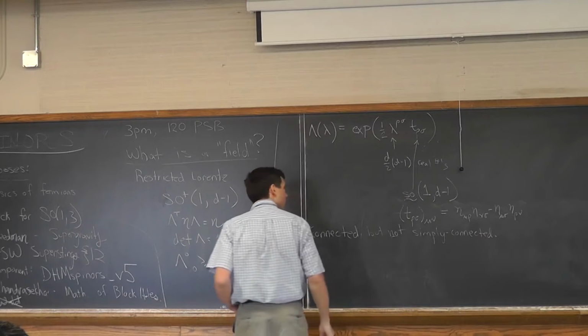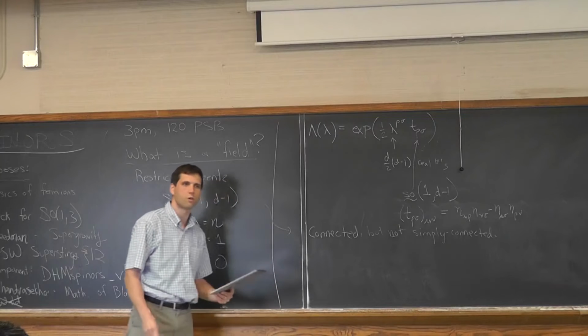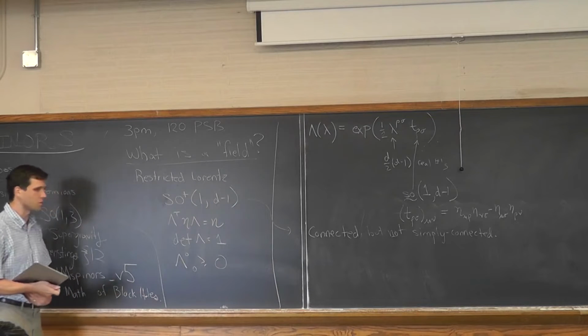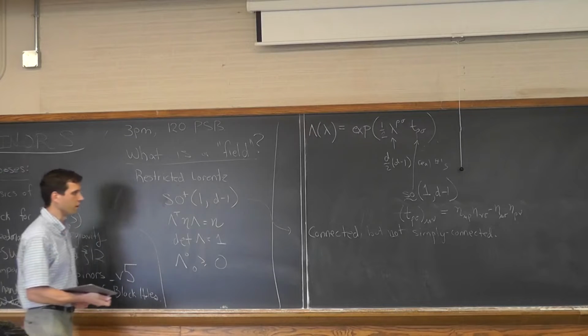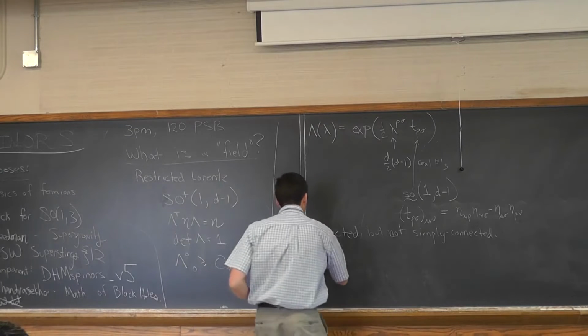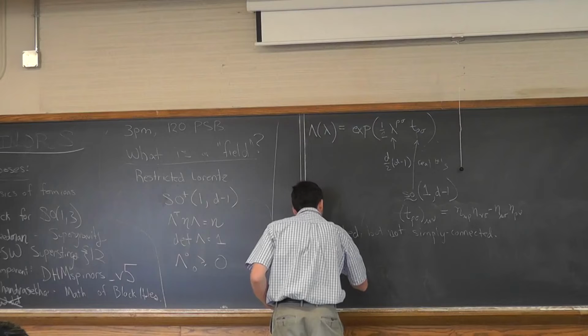That is, there are non-contractible curves. You can think of this group itself as a manifold, and there are non-contractible cycles on that manifold. So here's one, the only one, in fact.